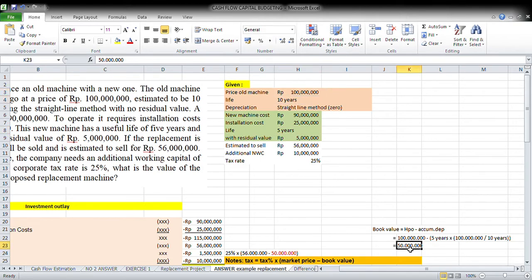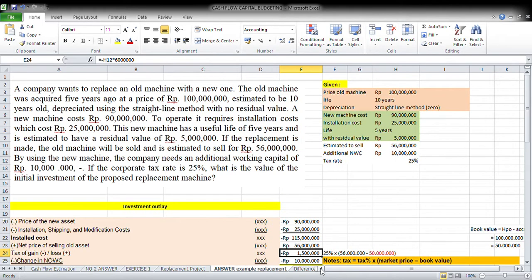So we get the result 50 million. And then we know that the sale is 56 million. We should minus with the book value, and then we can times with the tax. So the result is 1,500,000.